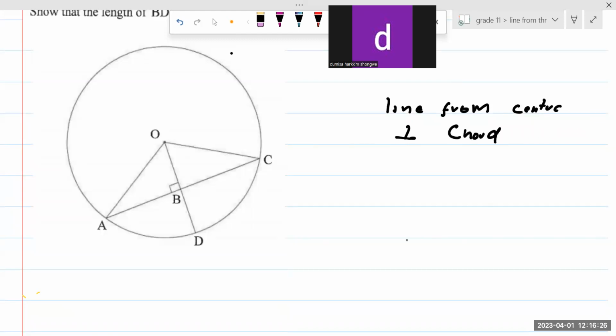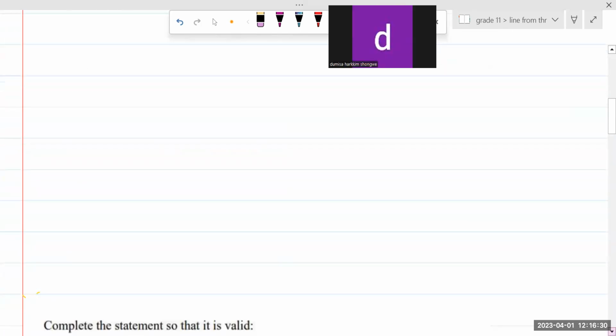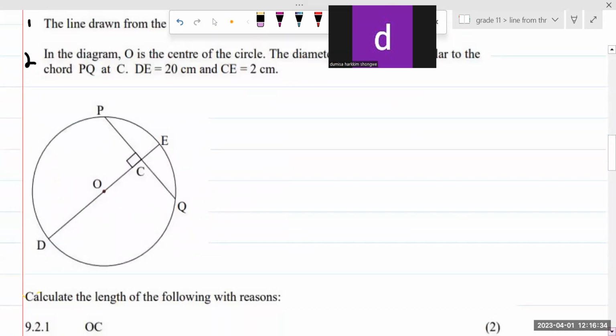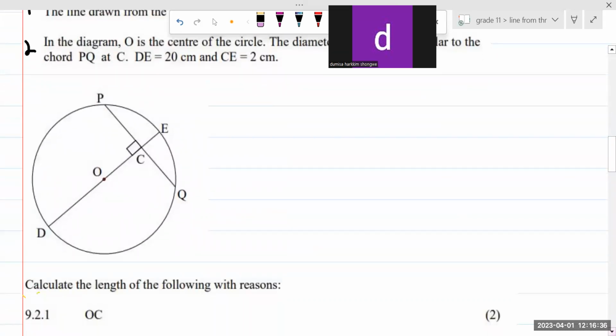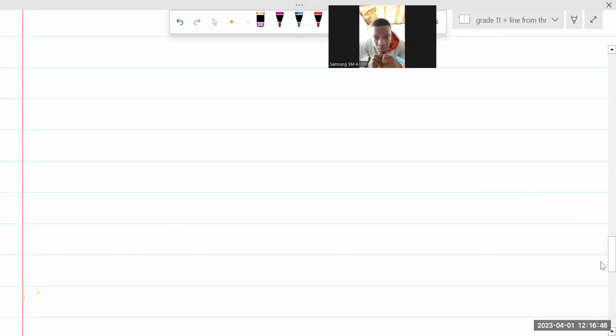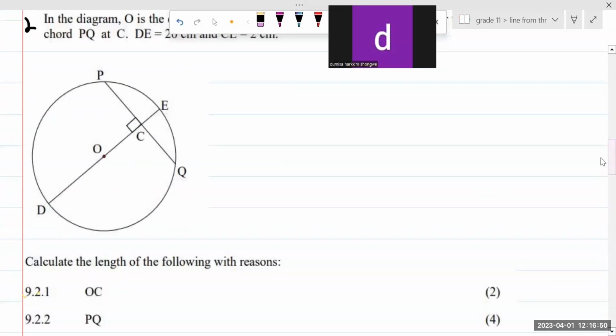Then look at the following. Here, what do you think we have? The line drawn from the center perpendicular to the chord. And then yes, I think we've touched almost on all of them.